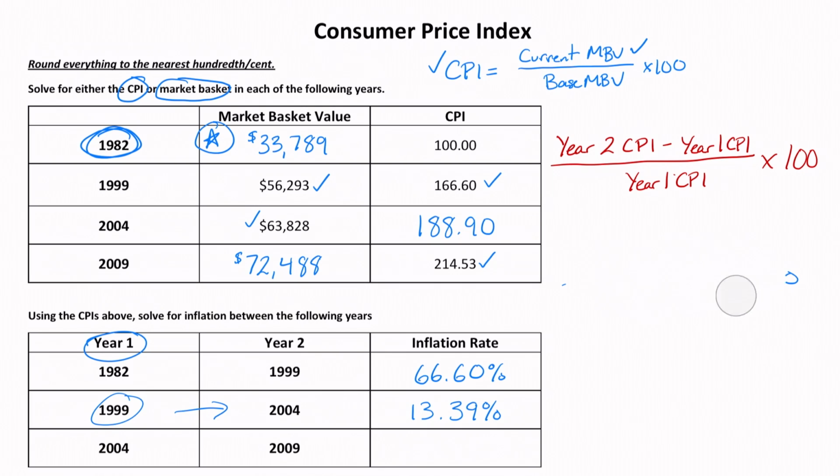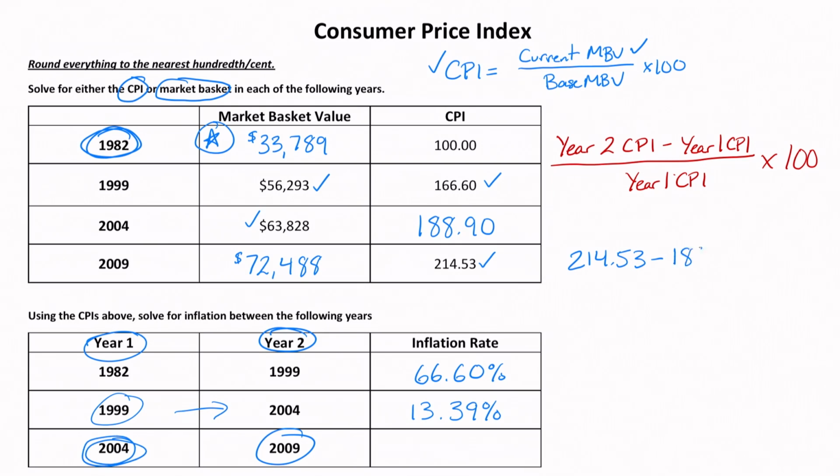And then finally, let's take a look at this last one. This last one is saying between 2004 and 2009. So we're saying, okay, for the next 5 years, what happened? Well, again, we use our formula, year 2 minus year 1 divided by year 1 times 100. So let's start off. Our later of the 2 years, our year 2 in this case, is 2009. So we take 214.53 and subtract the CPI in our year 1, or our earlier of the 2 years, which is 2004.